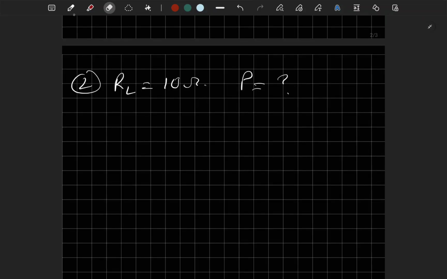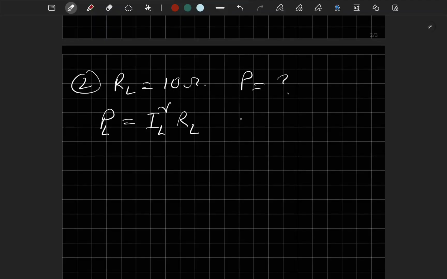Now we know that power draw is P equals I squared R, right? Now for this theorem, we will put L's here: PL, IL, RL. L indicates the load. So PL means the power draw at the load, RL means the load resistor, and IL means the current that is flowing through the load.